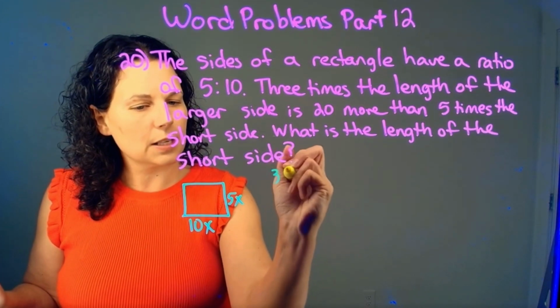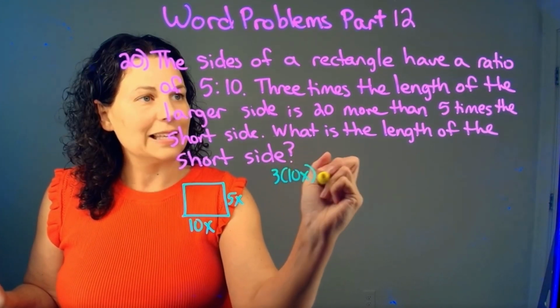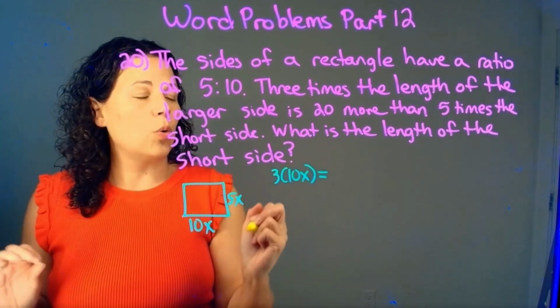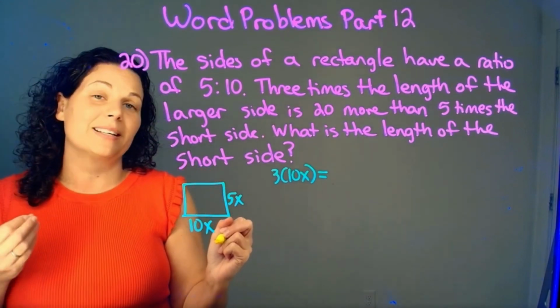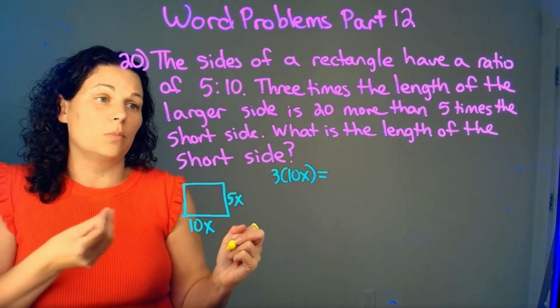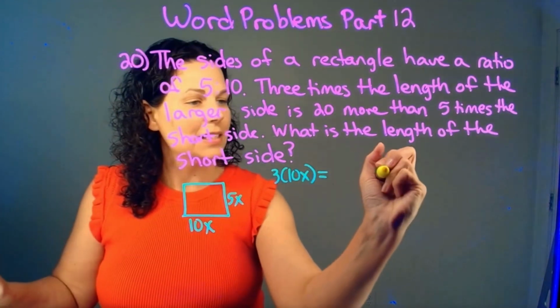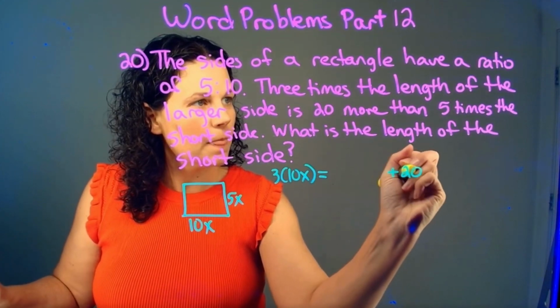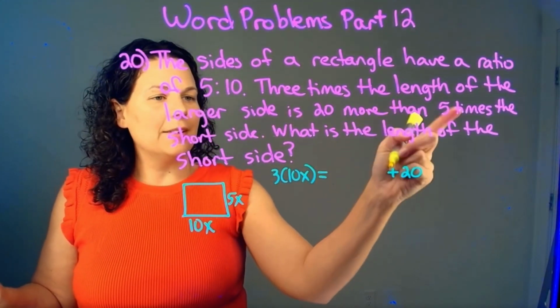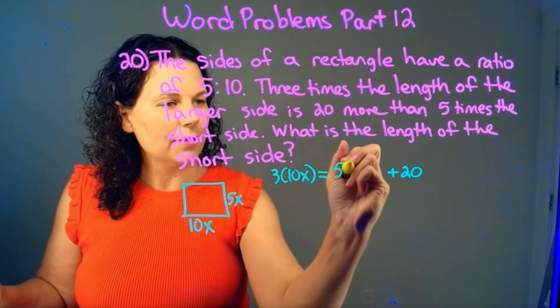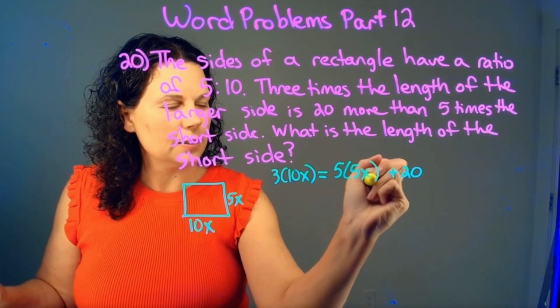So 3 times 10x equals 20 more than. I know that because it says 20 more than, the more than tells me I add it to the end. 20 more than 5 times the short side.